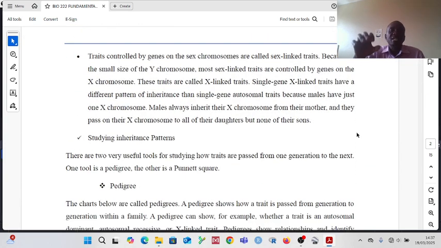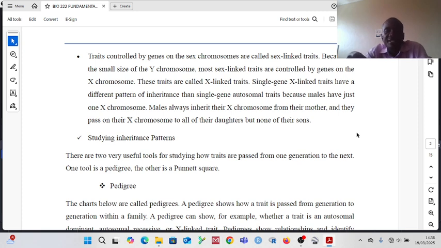Traits that are controlled by genes located on the sex chromosomes are called sex-linked traits. When you look at the two sex chromosomes, the Y chromosome is smaller in size, and because of being small, it has fewer genes.